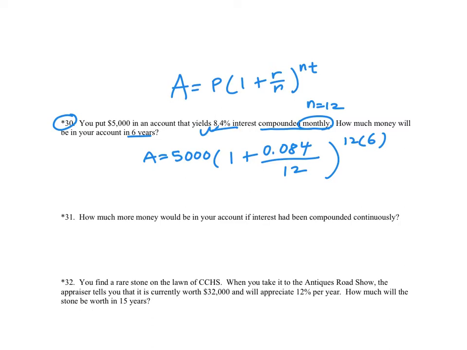I always just plug it all in one go, being careful that 12 times 6 is one chunk in your exponent. If you have an older version of a calculator, you might need to have an extra parentheses out here. So plug that into your calculator, rounding to the nearest cent, we get 8262.13.